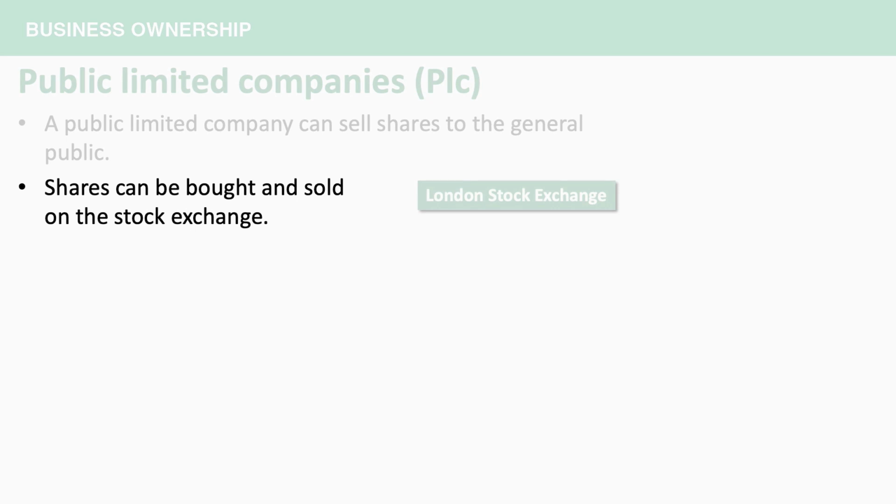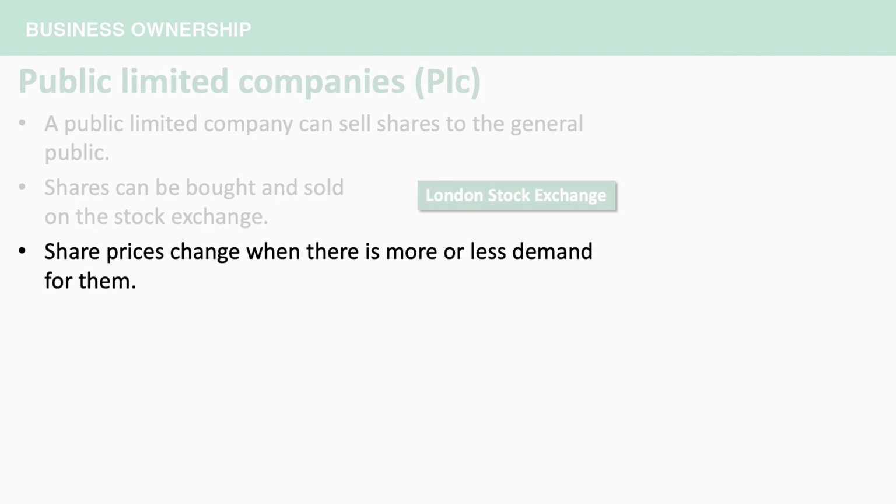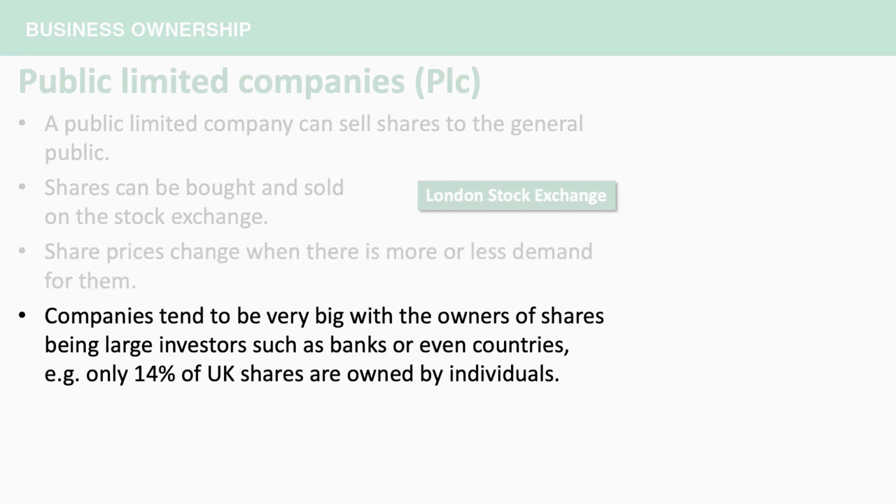Shares can be bought and sold on the stock exchange. Share prices change when there is more or less demand for them. Companies tend to be very big, with the owners of shares being large investors such as banks or even countries. For example, only 14% of UK shares are owned by individuals.